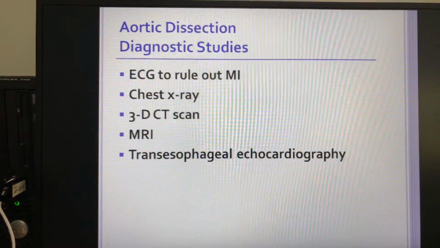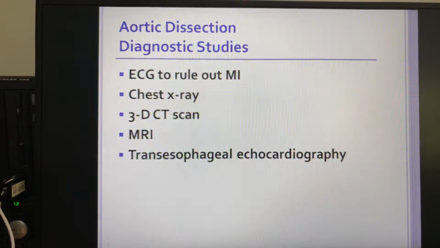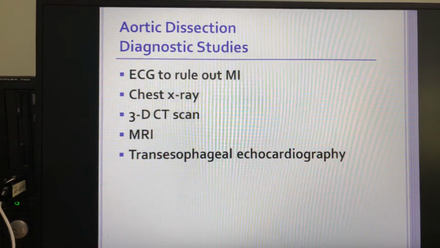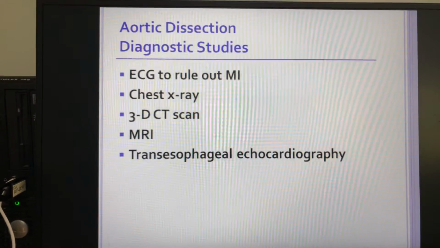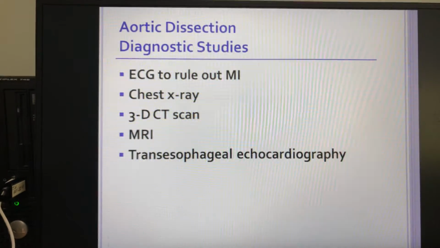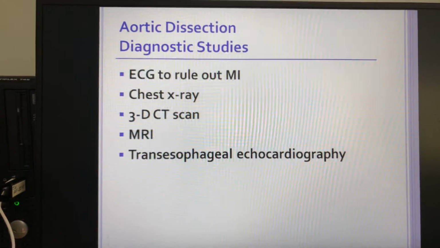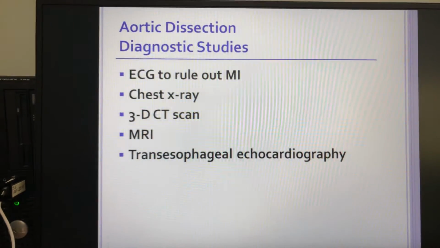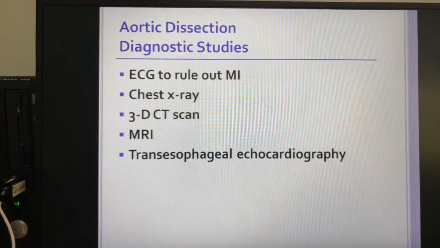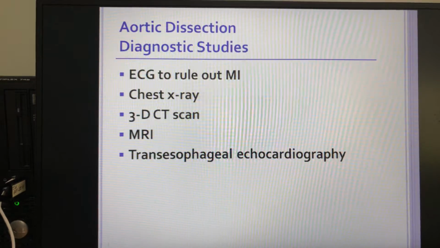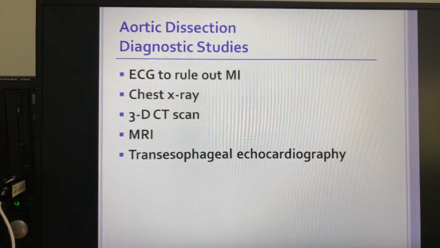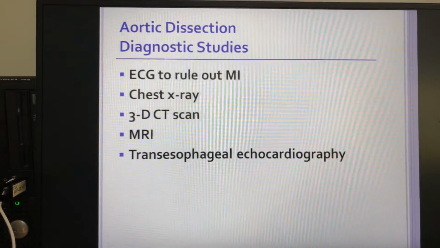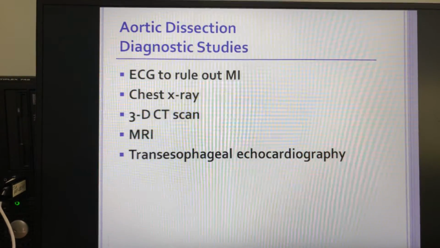The 3D CT scanning and the TEE have actually become the standard of care for the diagnosis of acute aortic dissection. A CT scan or MRI can provide more detailed information on the severity of the dissection and related complications, such as pericardial effusions and carotid dissection.